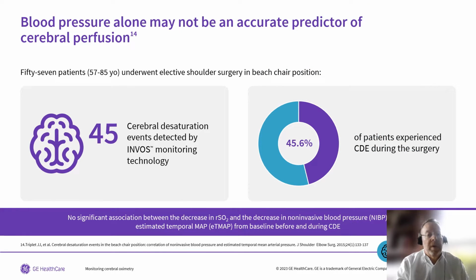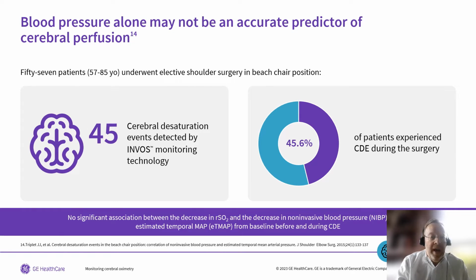So here's an interesting study looking at the relationship between non-invasive blood pressure and cerebral perfusion pressure. This study looked at 57 patients undergoing elective shoulder surgery in the beach chair position and measured mean arterial blood pressure, cerebral saturation using NIRS, and calculated the estimated mean arterial pressure at the level of the temporal lobe of the brain, or the ET MAP.